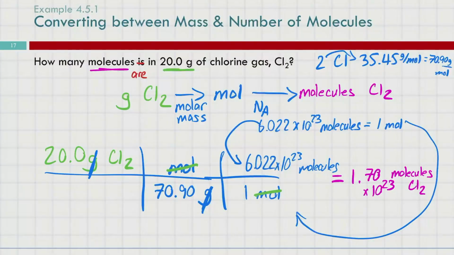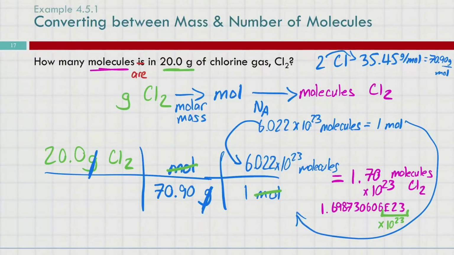There's a good chance that what your calculator said looks something like this. Your calculator will often use this E as a way of saying times 10 to the 23. So this E23 means times 10 raised to the 23rd power.